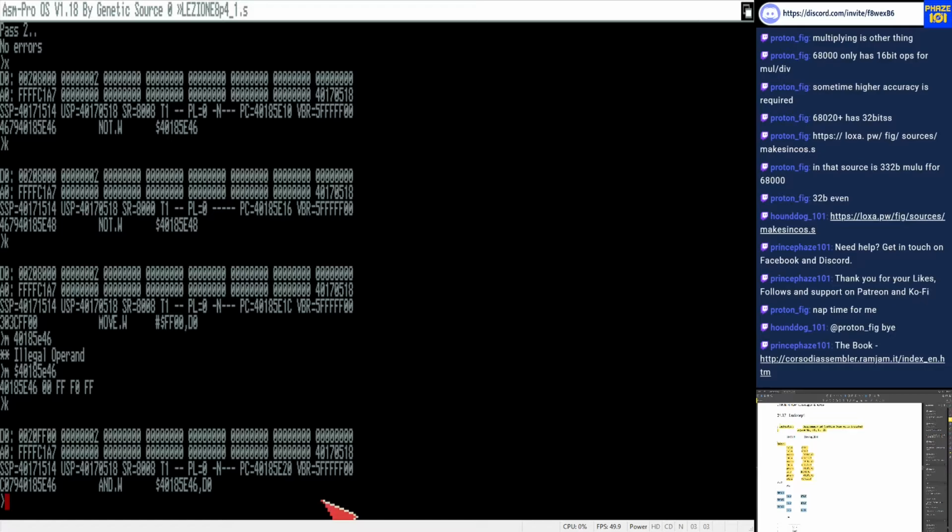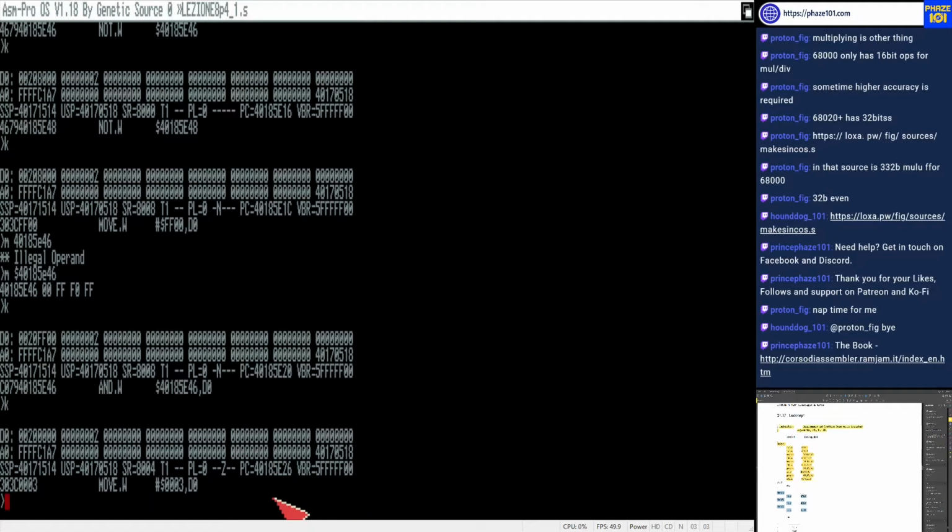Data 1 has the value of 00FF. So 00FF on this word will produce a 0. If we execute it, you can see we have a 0 in the low word because we are working on words.